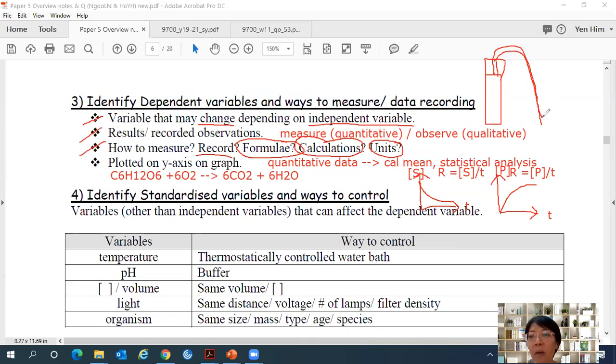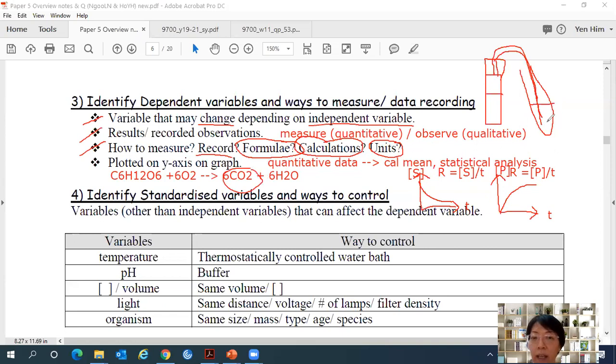It's already tilted, so I'm going to draw my test tube tilted as well. And then I've got water inside this. So I got my yeast mixed with glucose here, and then I allow the yeast to respire and the gas is released. The gas is actually the CO2, and then the bubbles will be released.